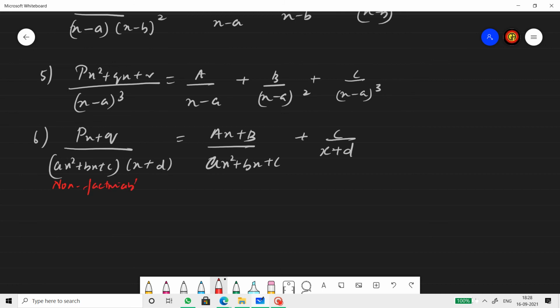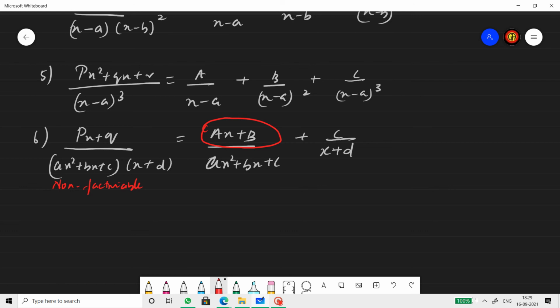Non-factorizable. Okay, in that case, if it is non-factorizable, then we will split it like ax plus b by the non-factorizable expression plus c by x plus d, because a and b are already used as variables over here, so it's c here.